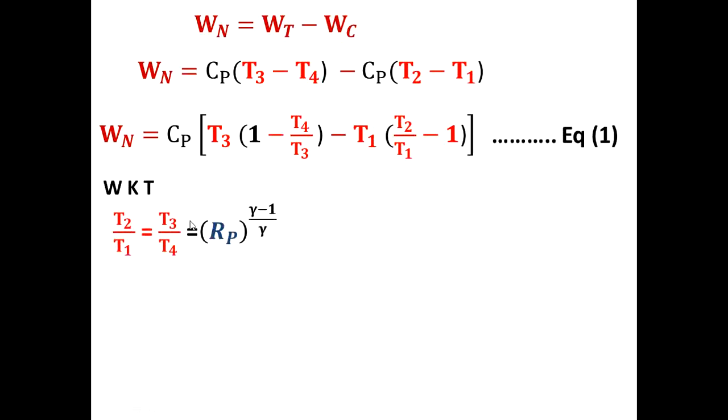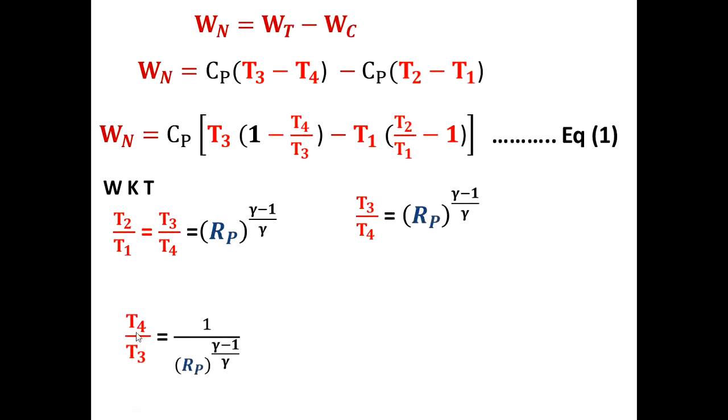Therefore, you know the pressure ratio equation: T2 by T1 equals T3 by T4. Put T3 by T4 equal to Rp whole to the power of gamma minus 1 divided by gamma. Therefore, T4 by T3 is equal to 1 by Rp to the power of gamma minus 1 divided by gamma.